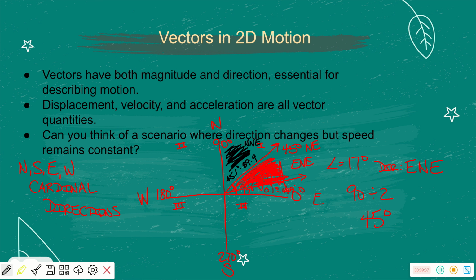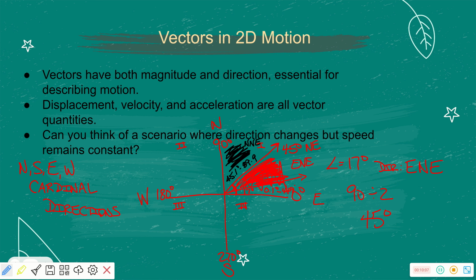Okay? So as you come around counterclockwise, what would be the midpoint of quadrant 2? No, 90 is the axis. 45. So 45 degrees is the midpoint because every quadrant is 90.